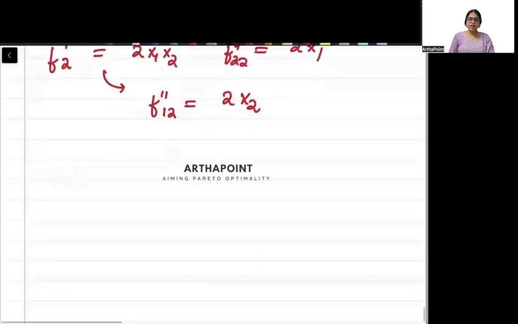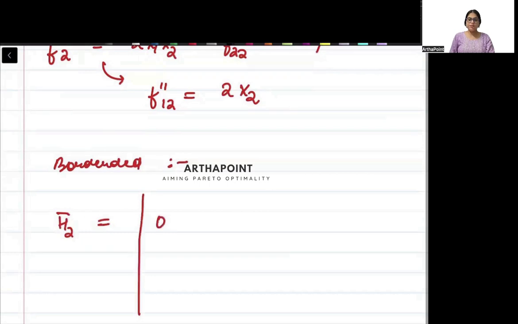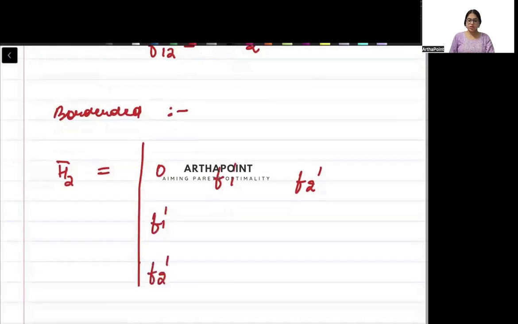Right? Let us try to go ahead and make a bordered Hessian matrix out of it. So if I formulate a bordered Hessian, I will get 0, f1', f2', f1', f2'. Here I will have f11, f12, f21, f22.